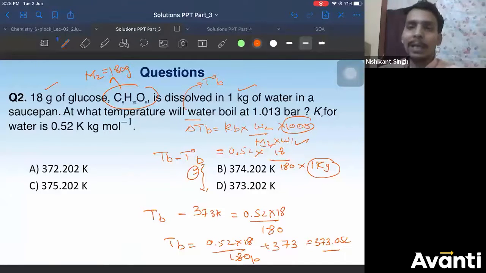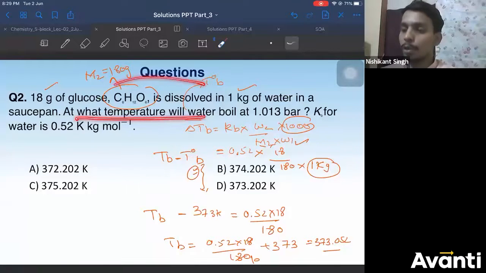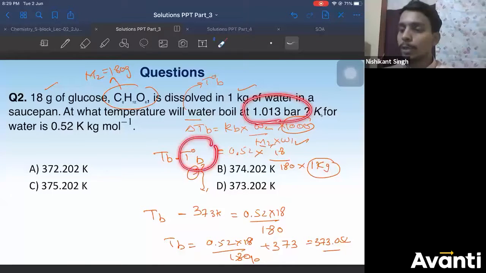Now I'll reiterate it because I made the wrong assumption initially. What has been given is: at what temperature will this solution containing glucose boil under this condition? Now see here, water at standard condition, the boiling point of water is what?